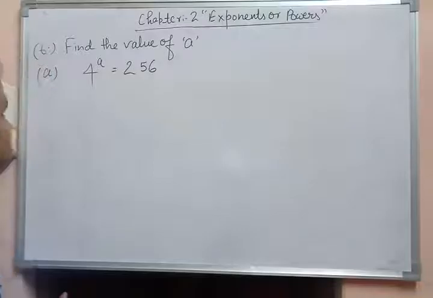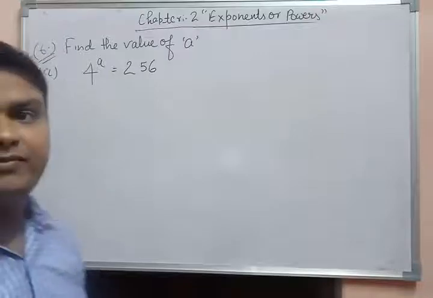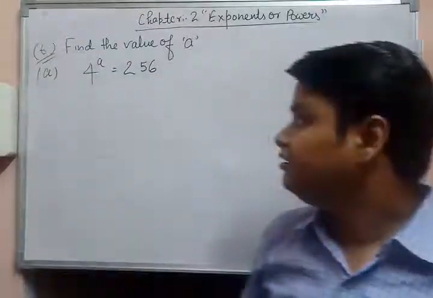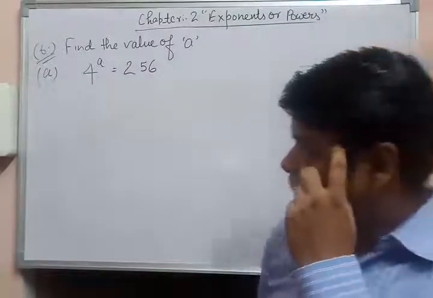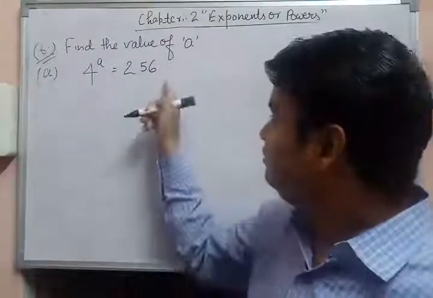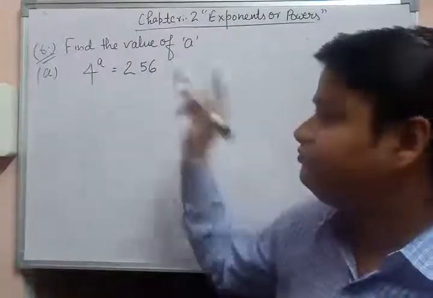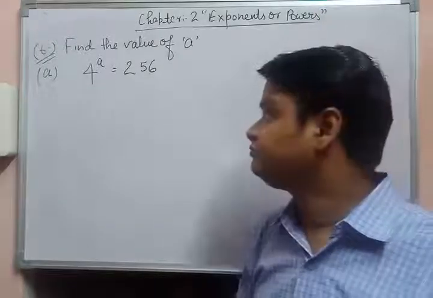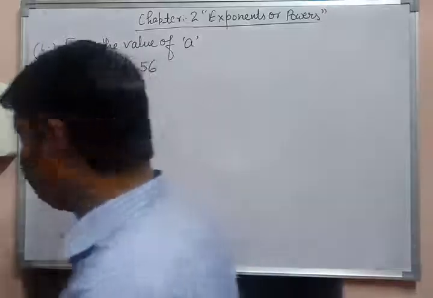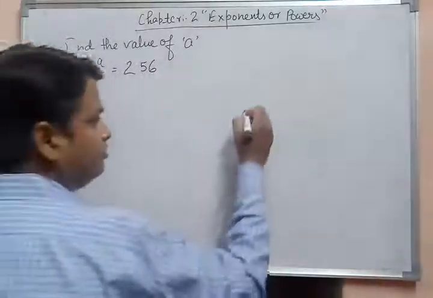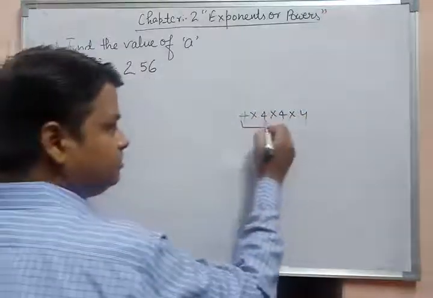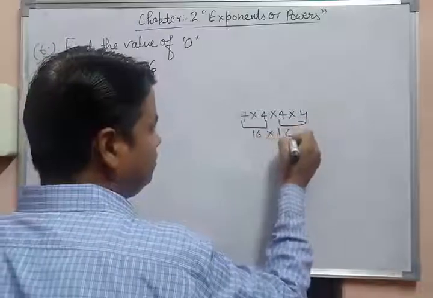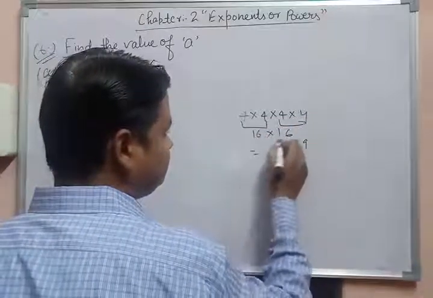Now moving to the next question, question number 6, which says find the value of a, in which 4 to the power a is equal to 256. First of all, you have to change the RHS into a power of 4. So first take the factors: 4 into 4 into 4 into 4. 4 times 4 is 16, and 4 times 4 is 16, and 16 times 16 is 256.